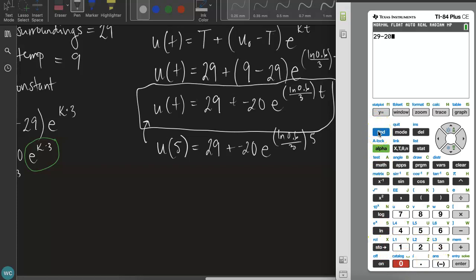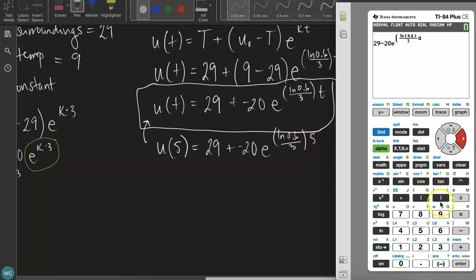And we have e, base e, so I can access that by doing second and then the natural log key. In the exponent, I have a fraction, so I'm going to use the fraction shortcut, alpha y equals enter. So I can type in here the natural log of 0.6 over 3.